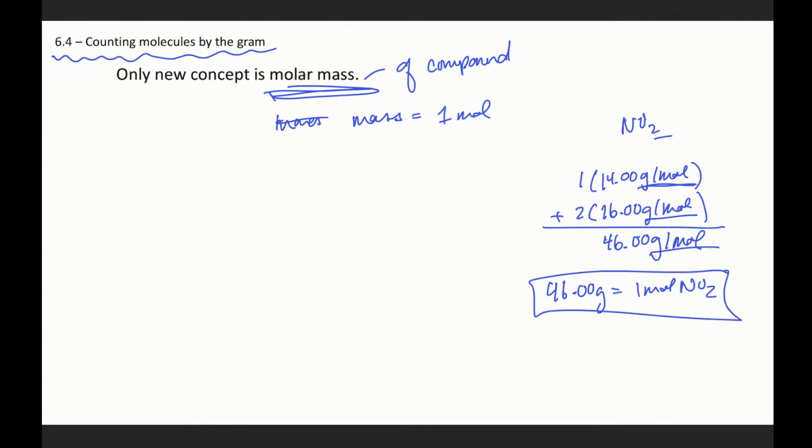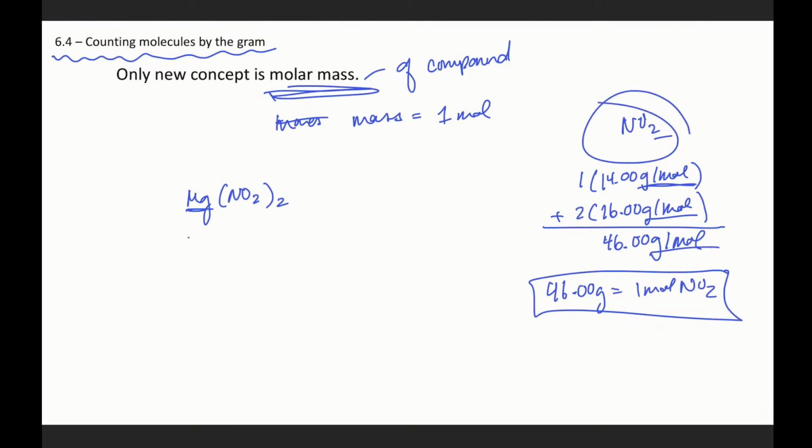So if we were to look at something more complicated, like magnesium nitrite, for example, here we have NO2 again, but it's stuck to a cation, which means that it's a polyatomic ion and not the molecular compound nitrogen dioxide.